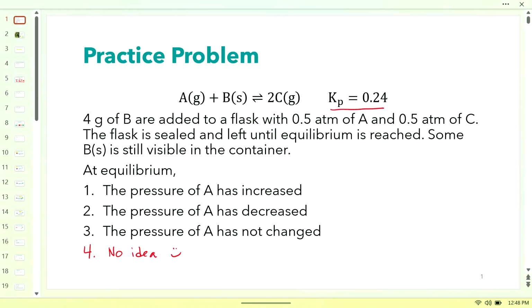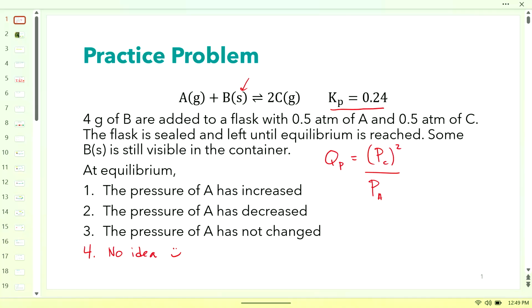So a good first step is to write down what Q equals. Q equals the pressure of C, that's squared, because I got 2 of them, and then I'm going to divide by the pressure of A. And you will remember that because B is a pure solid, it doesn't show up in our Q and Kp expressions.